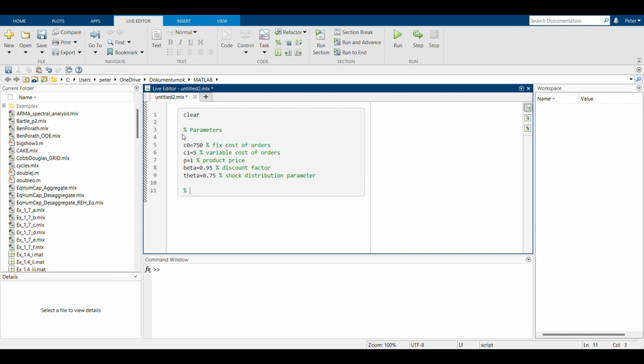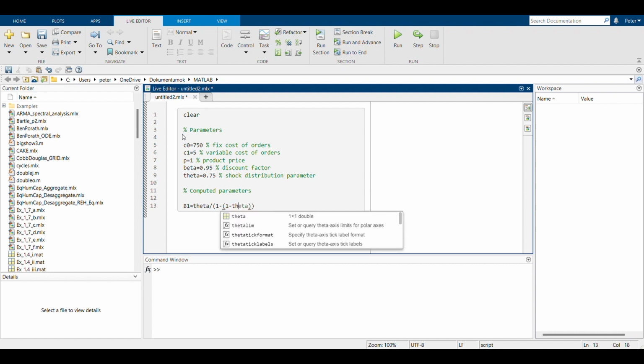Next step, computed parameters. This is B1 and B2 in the exercise. We will use the formulas we derived in the exercise. So B1 is theta over 1 minus theta times beta.